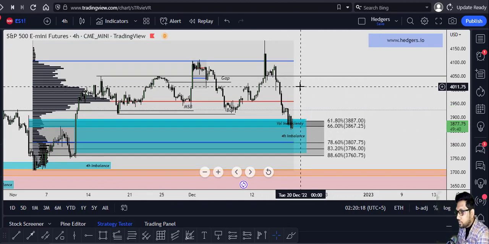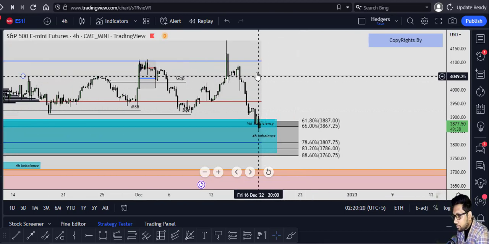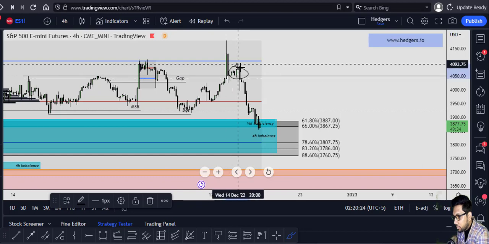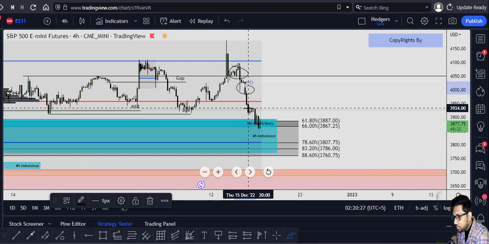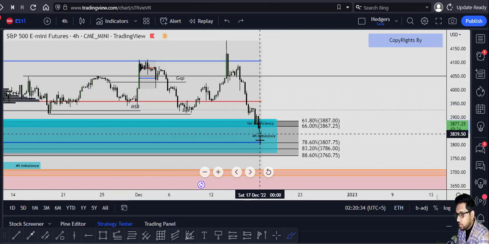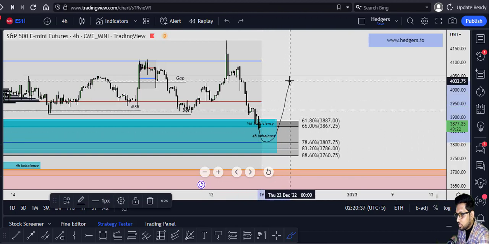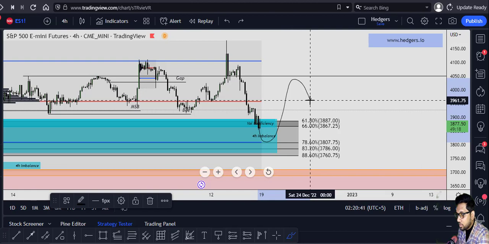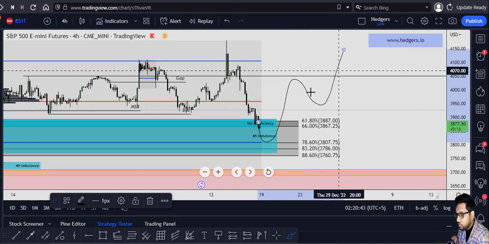We have some really nice imbalances to the upside here, here, and this here. That has remained unfilled, and chances are really high that if we just took it to the upside, we're gonna fill all of these imbalances, and then continuation to the upside.